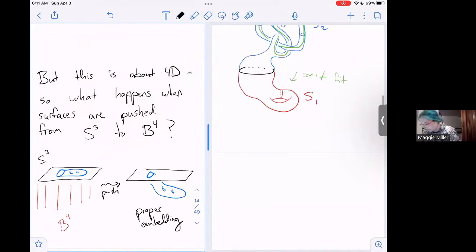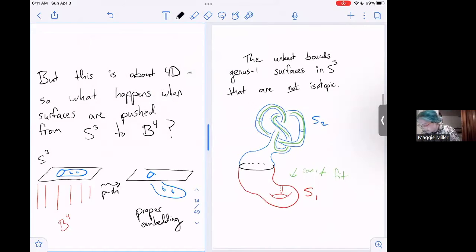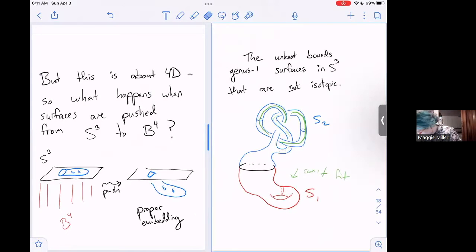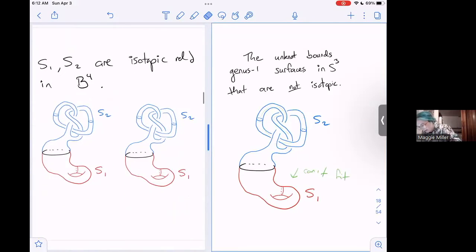So now if I go back up and look at my surfaces S1 and S2 that weren't isotopic to each other, but were also not very interesting, let me erase this circle. Then in fact, these surfaces are isotopic rel boundary in B4. One way to see that is that S1 and S2 weren't isotopic because of the knotting of this tube that's in S2.